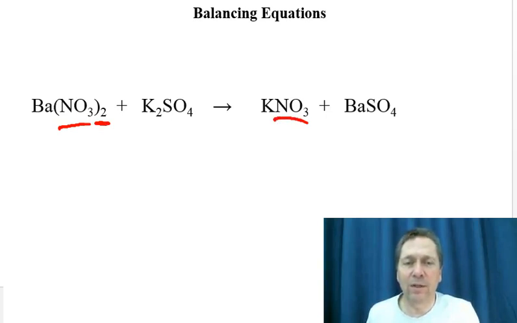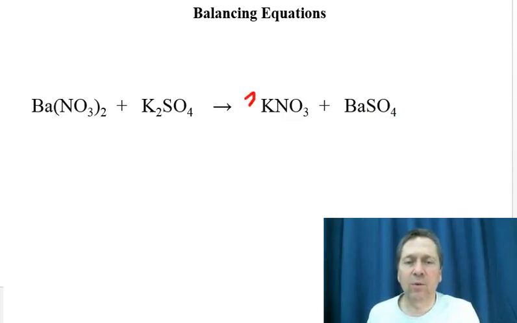That's not the right number, we need to have 2 of those. So what we're going to do is put a 2 here, like this. We've got 2 potassiums over here, and by putting this 2 in front of the potassium nitrate, that means we've got 2 potassiums as well. So we've got 2 on both sides, and 1 sulfate here and 1 sulfate here.